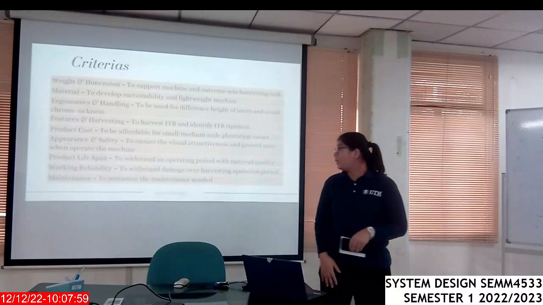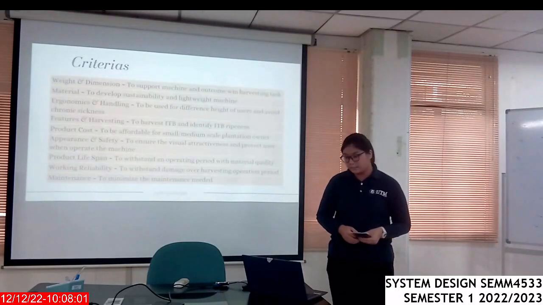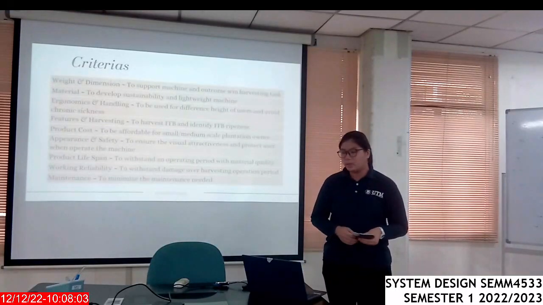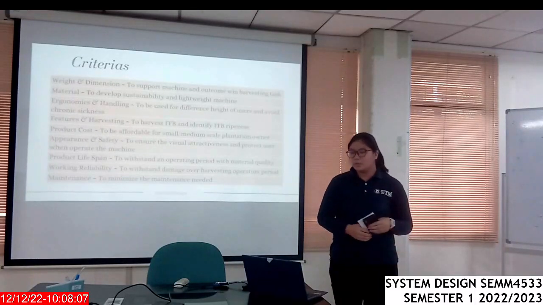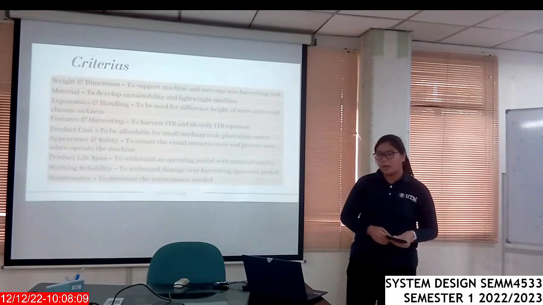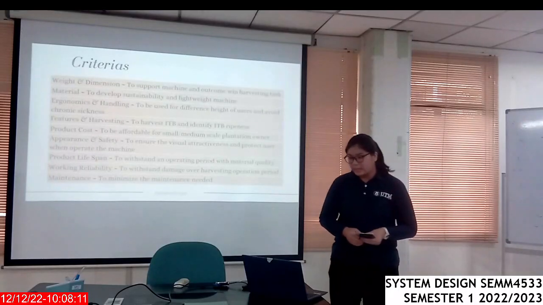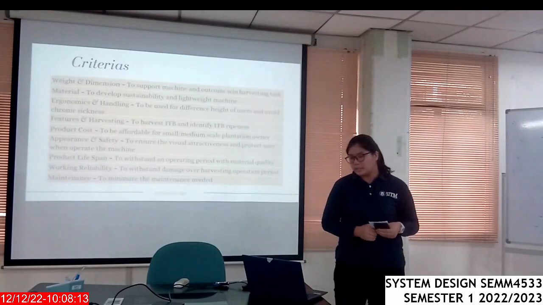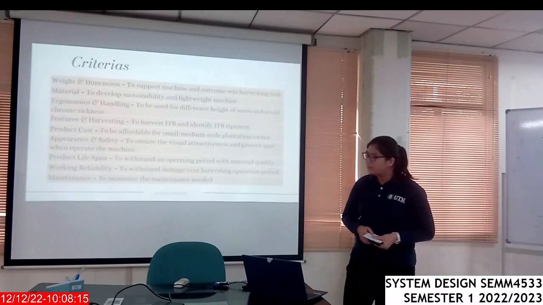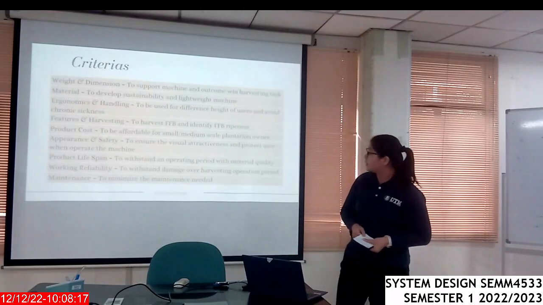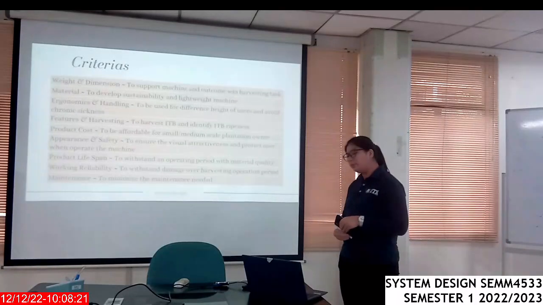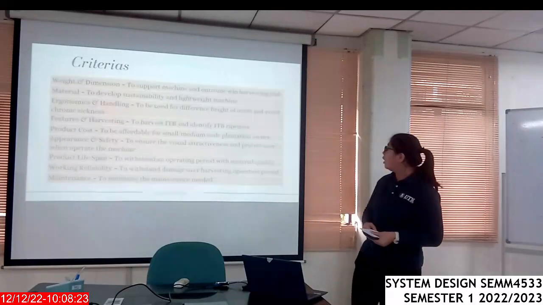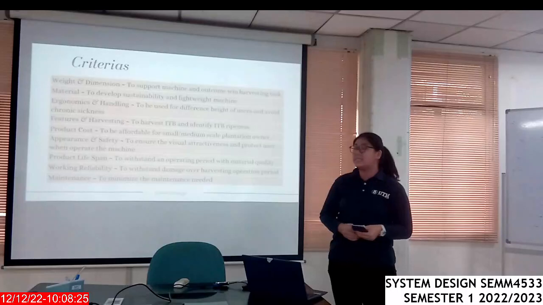Okay, next is about the criteria of our system design. First of all, it's about the weight and dimension. The weight and dimension should be able to support the machine and the outcome of the harvesting task. And the material, we hope, is able to develop a sustainable and lightweight machine. About the ergonomics and handling, it must be able to be used by users of different heights and avoid chronic sickness.